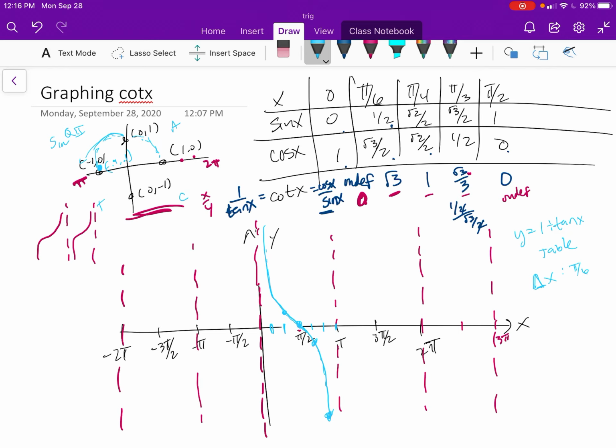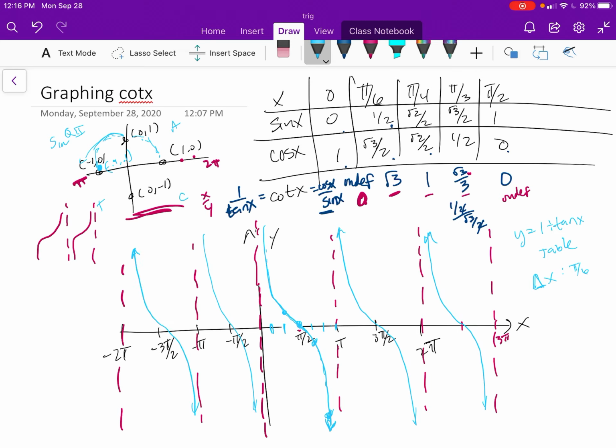These values are going to approach -infinity until we get to pi, in which we get an undefined point again. And if you repeat this process, or use your graphing calculator or GeoGebra and graph these, this is what you'll see.